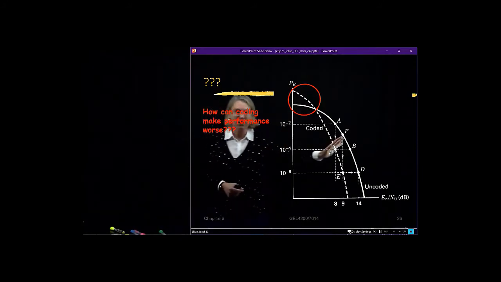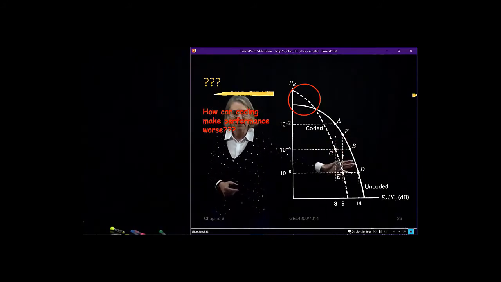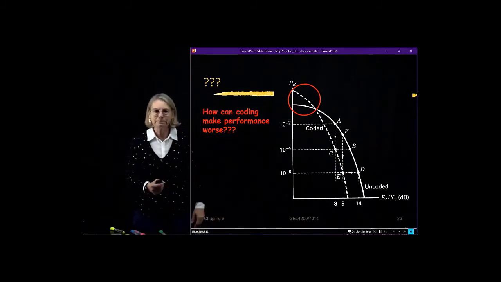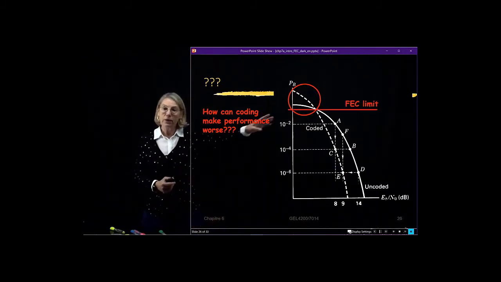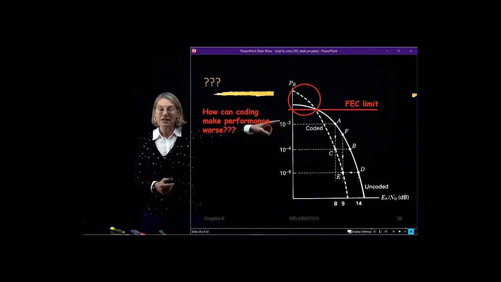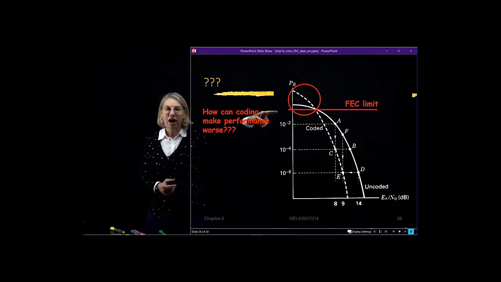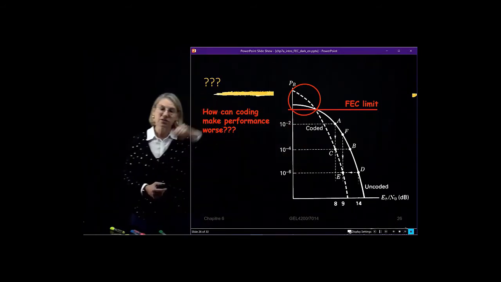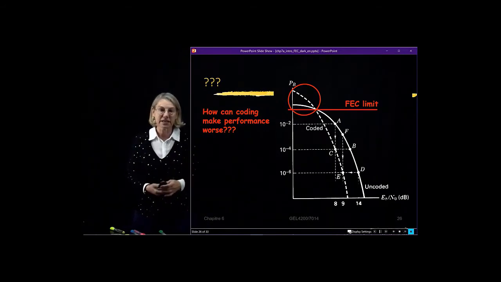I only use my error correcting codes if I'm down here. But why does it cross over? That's one thing we'll see in our numerical example. Oh, by the way, we call this the FEC limit. It's the point for the probability of error, uncoded, where if we add forward error correction, we'll actually get an improvement. We also call this the forward error correction threshold sometimes.